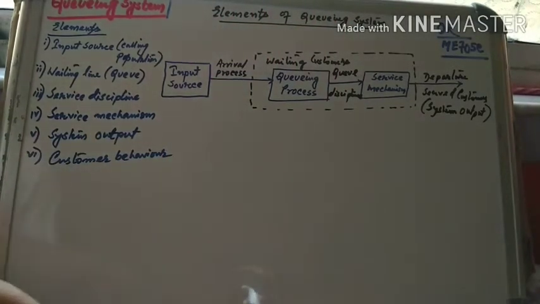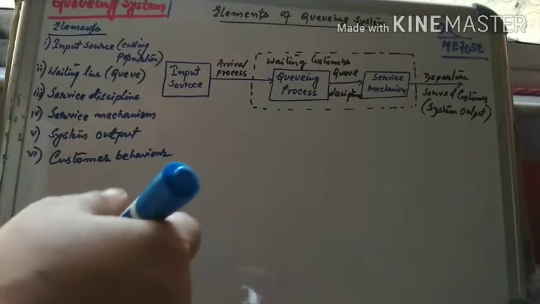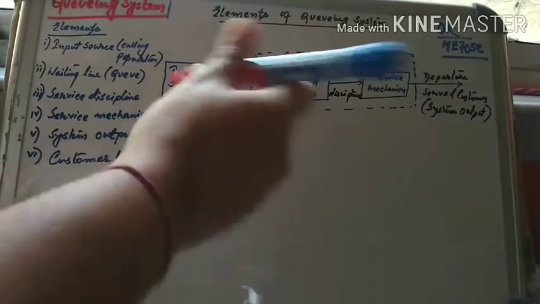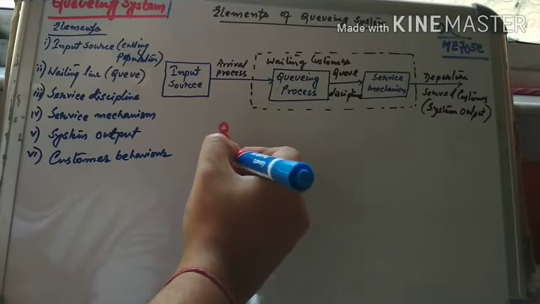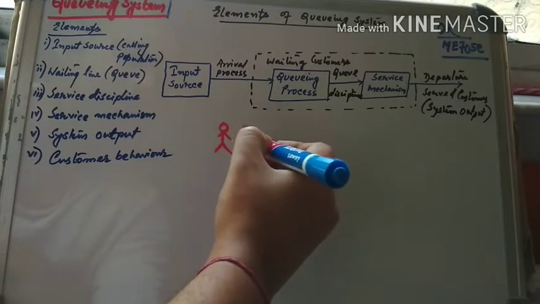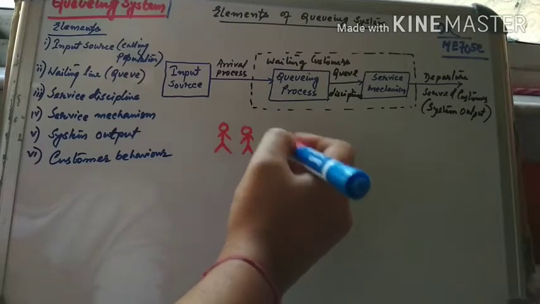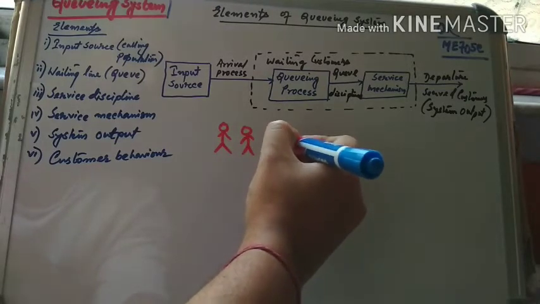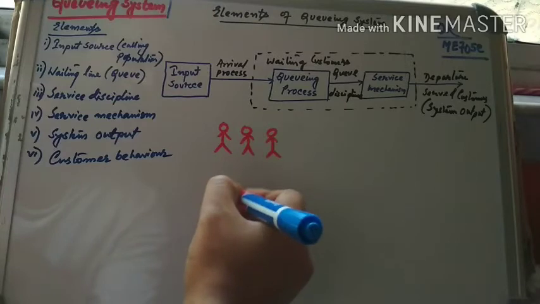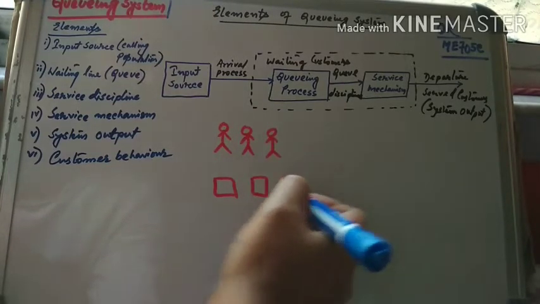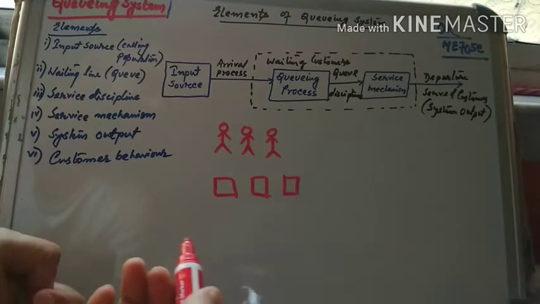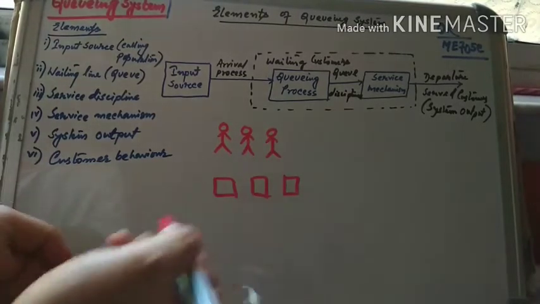So what is a queue? A queue is basically the waiting line of human beings, or also some components, maybe machinery or tools for regrind, whatever you can say.